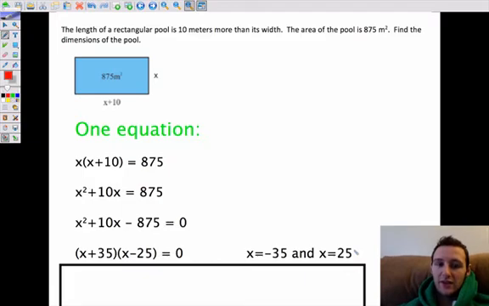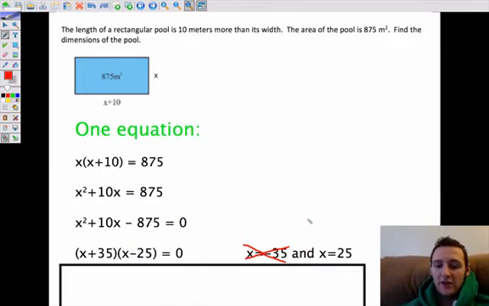But again, think of it in terms of the problem because you're not done yet. If you did this on a test, you would not get full credit because you haven't answered the question: find the dimensions of the pool. Obviously, you can't have a length of negative 35, so I'm going to cross off that solution. But x can equal 25.